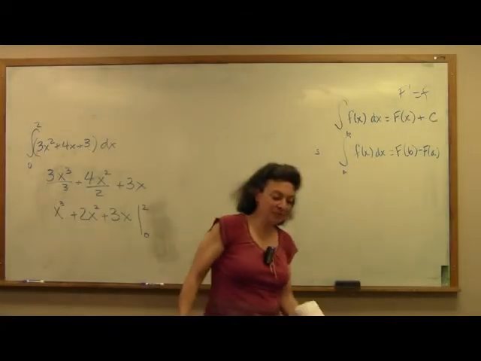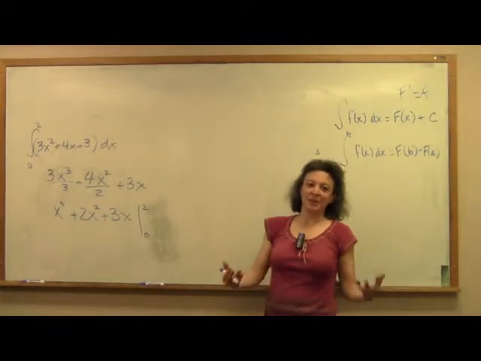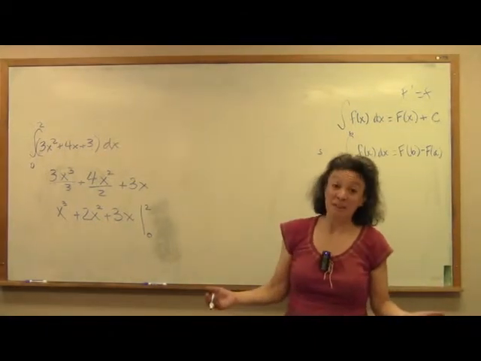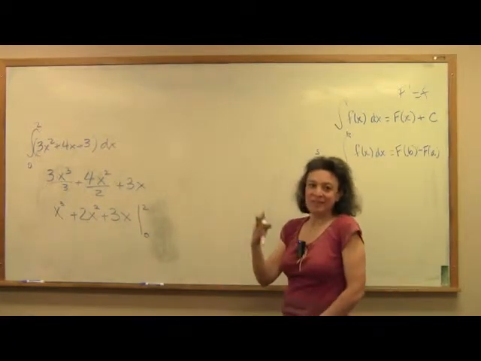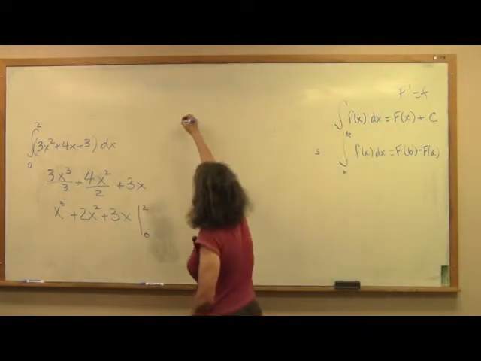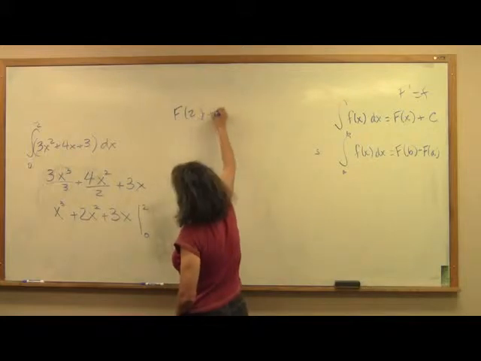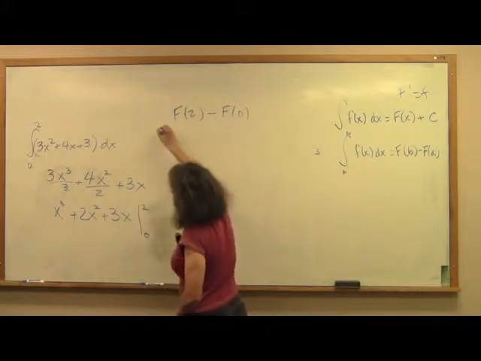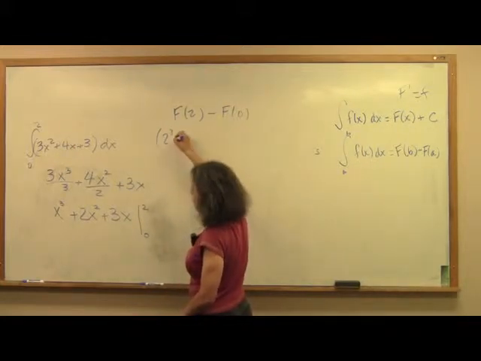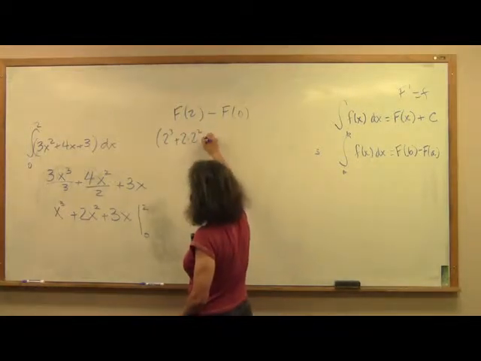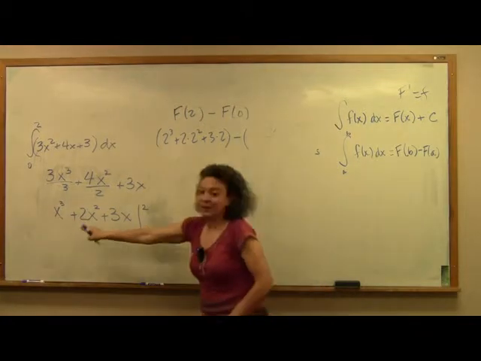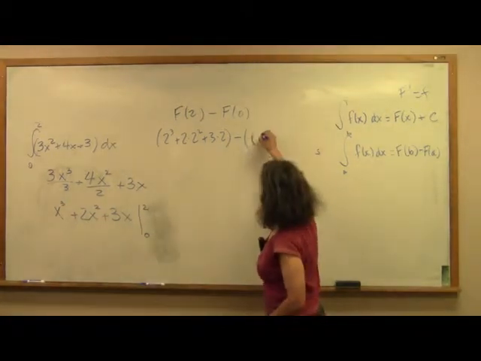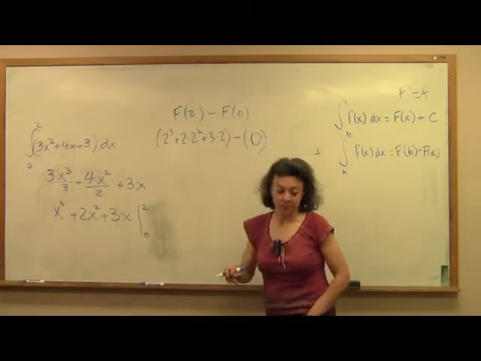Now whenever you're doing polynomials and you have a 0, it's always, at least in my mind, a pretty exciting thing, just because evaluating at 0 just cancels things out. So f of 2 minus f of 0, so if I plug in 2, I have 2 cubed plus 2 times 2 squared plus 3 times 2 minus, well, I think you'll grant me any place I plug a 0 in here, I just get a 0.